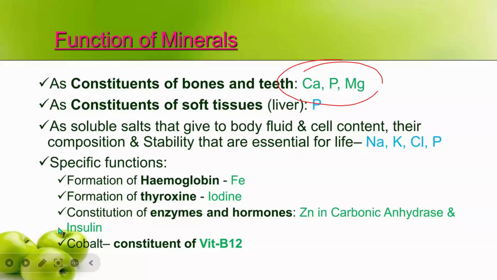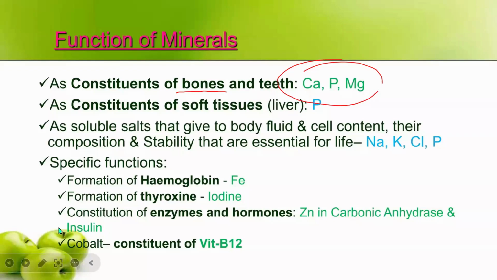If they are not in the required amount, we can easily have breaking bones. Our bones and teeth can easily break. That is why some people's bones and teeth are not strong, and that is a result of an inappropriate amount of calcium, phosphorus, and magnesium.